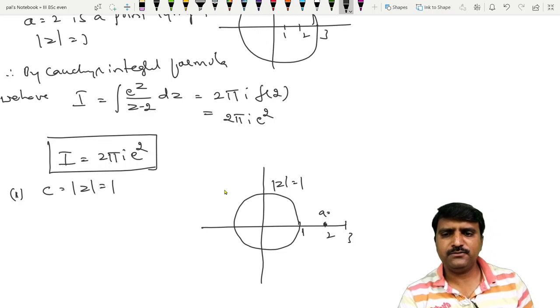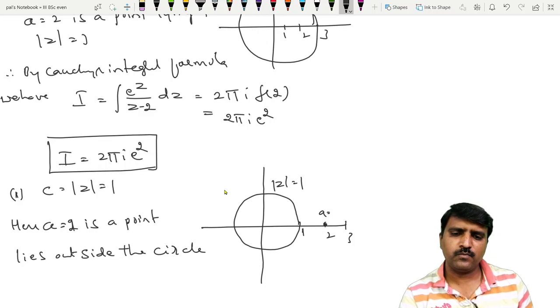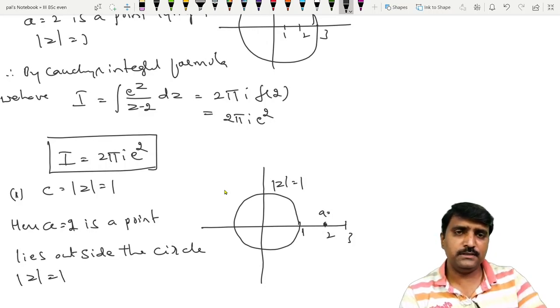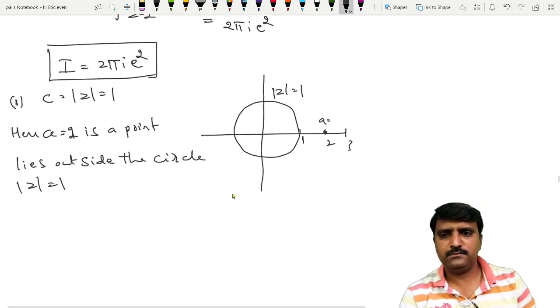So mod z is equal to 1. Here, a is equal to 2 is the point. It lies outside the region, or outside the circle mod z is equal to 1. So in this case you use Cauchy's integral theorem.